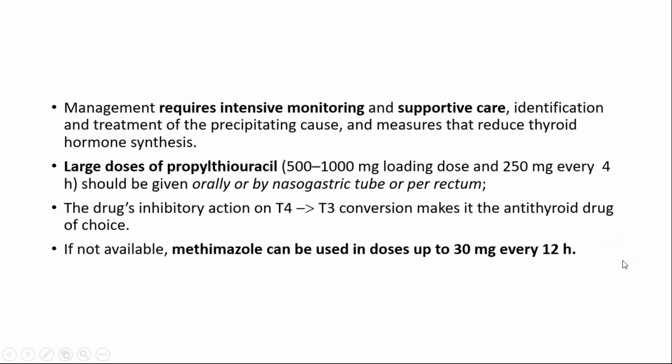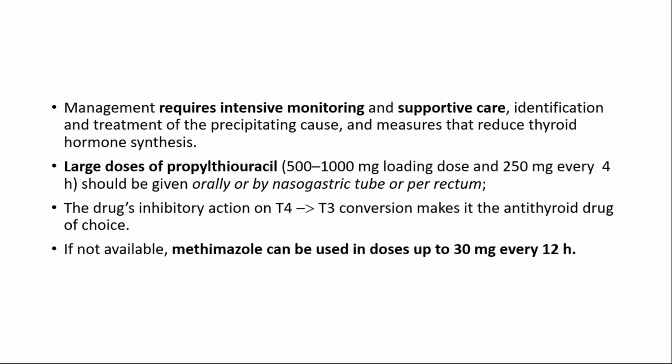A patient developing thyrotoxic crisis requires an ICU setting, intensive monitoring and care, and a large dose of propylthiouracil, that is, a 500 to 1000 milligram loading dose, and then 250 milligram every 4 hours.